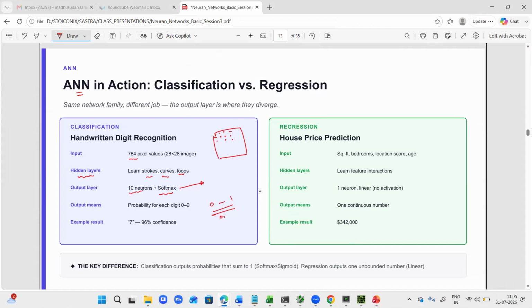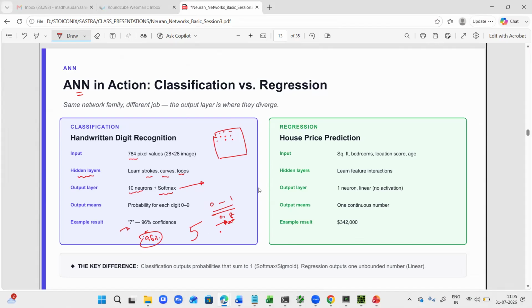If I give as input something like this, and it outputs a probability of 0.8 for 5, then that means it is 80% confident. In this case, if it is 0.96, then that's 96% confident that the input digit is 7.